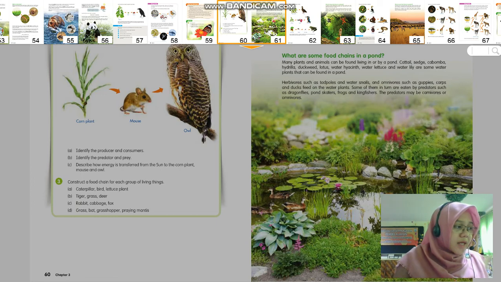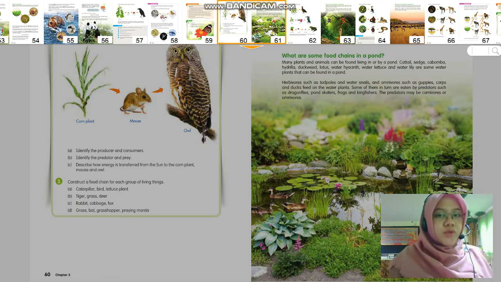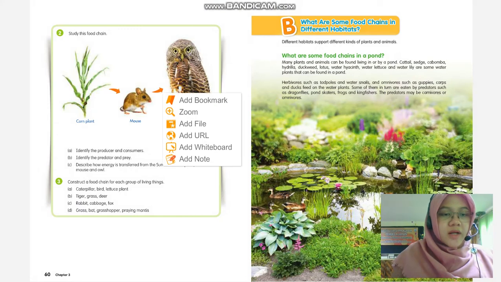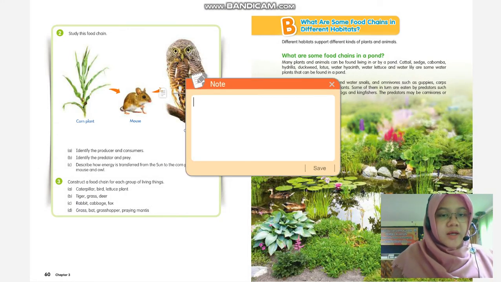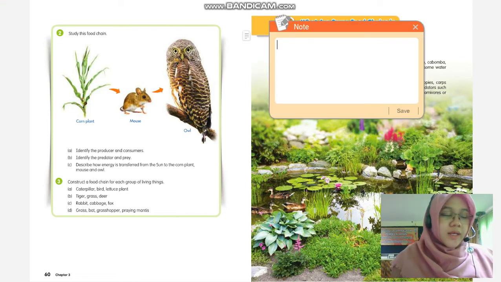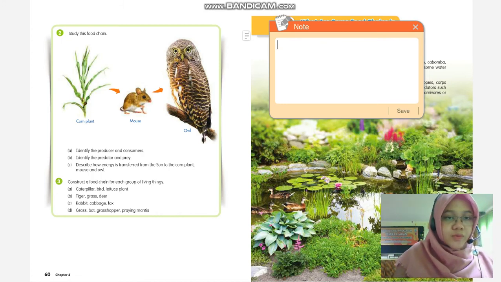Terus apalagi selain itu? Owl juga termasuk dengan consumers. Terus predator and prey. Predatornya siapa? Predatornya adalah yang terakhir, ya kan? Yaitu apa? Owl. Yes, betul. Predatornya adalah owl, and then the prey-nya itu mouse, ya.